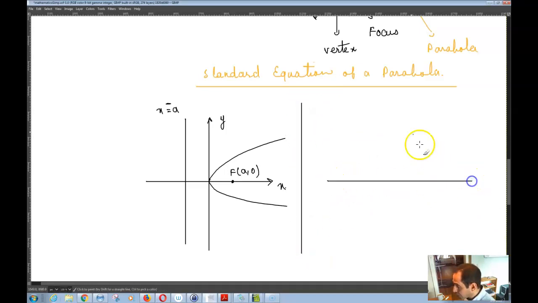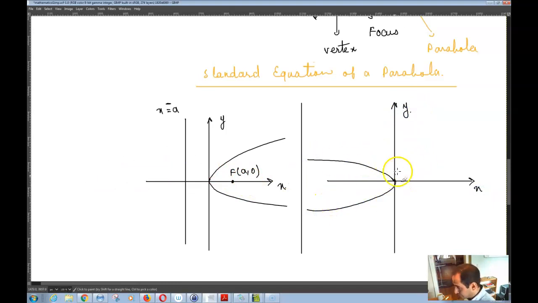Another way that we can have a parabola is that if this is the x-axis and this is the y-axis, it could be the other way around, meaning that you could have your parabola in this orientation, and in that case your F would be over here, your directrix would be over here, and the coordinates of this point would be negative a comma 0.